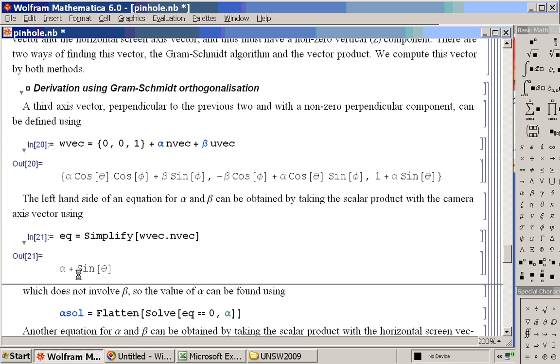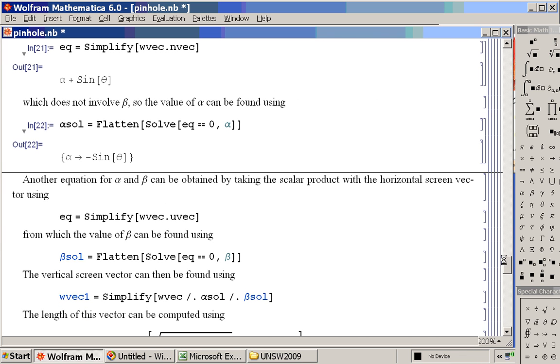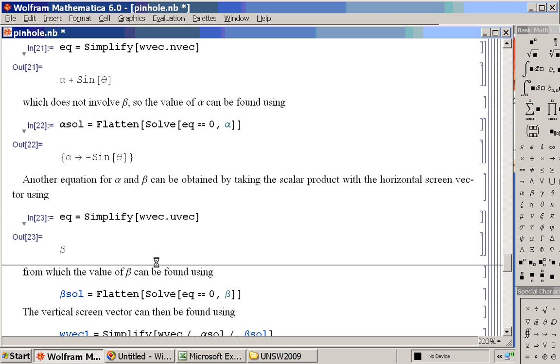And we can see that only involves the parameter alpha, and that in fact alpha, we set that equal to 0 and solve for alpha using this, and we find alpha is minus sine theta. We can get another equation by requiring that this vector be perpendicular to the horizontal screen axis vector. So we get another equation for beta, and that's a very simple equation because it implies that beta must be 0.